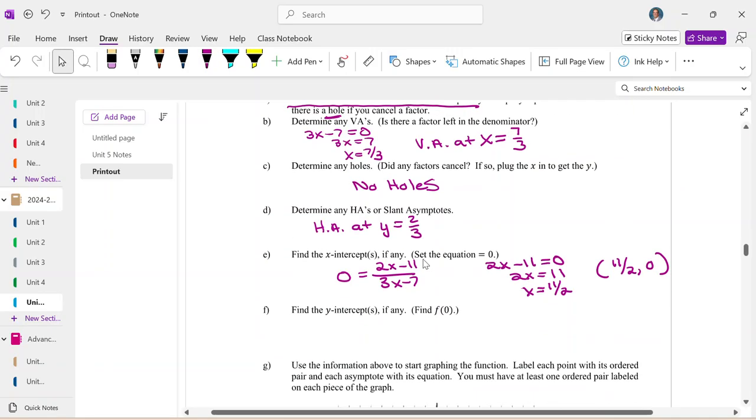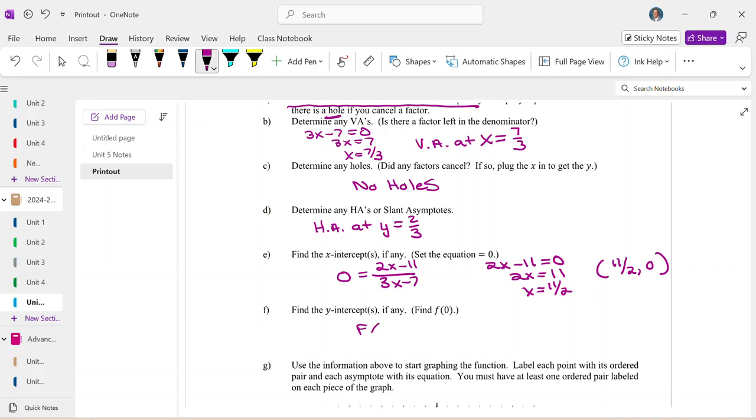The y-intercept, when you put 0 in for x, it's -11 over -7, so it's 11/7. So the y-intercept is 0, 11/7.